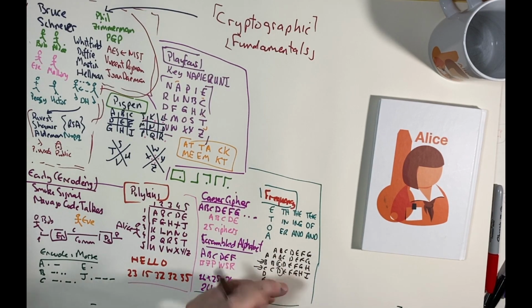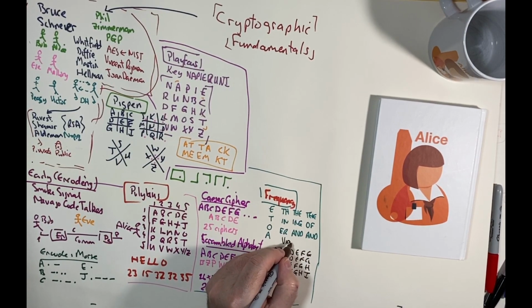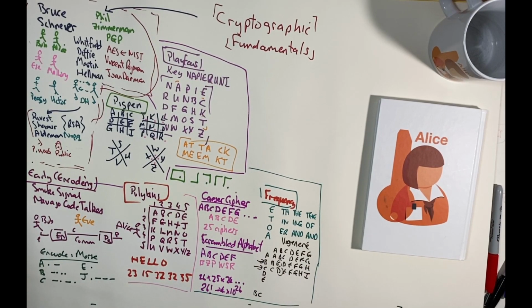So the Vigenère cipher, although it's better than the scrambled alphabet, can still be cracked with a computer in a fairly short time.